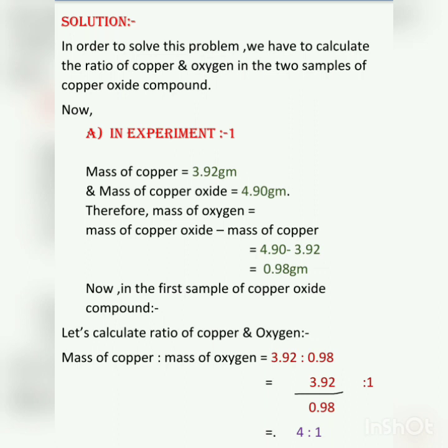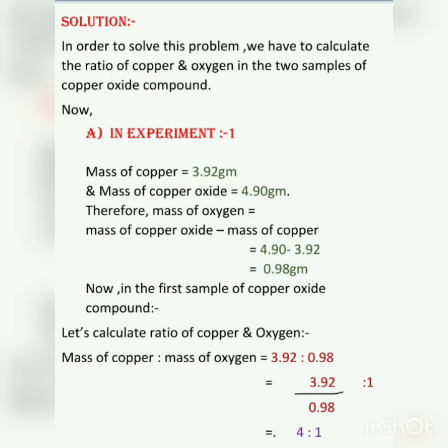So here we are having the solution of this problem. In experiment number 1, as you can see, the mass of copper is given 3.92 grams and the mass of copper oxide is given 4.90 grams. So we have to subtract the mass of copper from the mass of copper oxide to get the mass of oxygen. Here we have got the mass of oxygen as 0.98 grams.